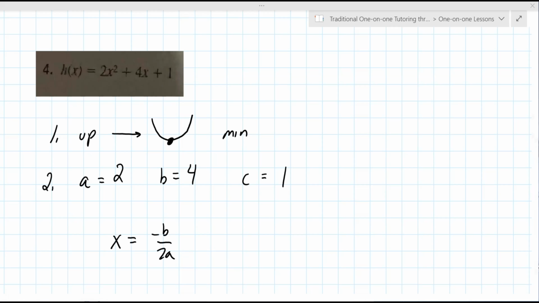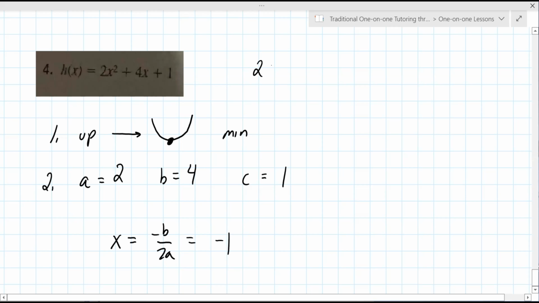Then plug it back in. So 2 times -1 is -2, minus 4, plus 1. So I got, for the coordinates of the vertex, -1, -5.